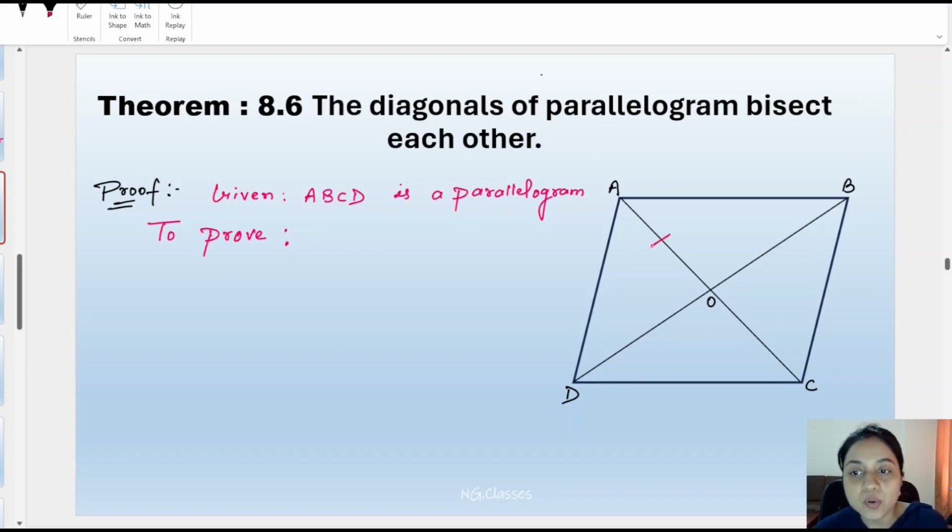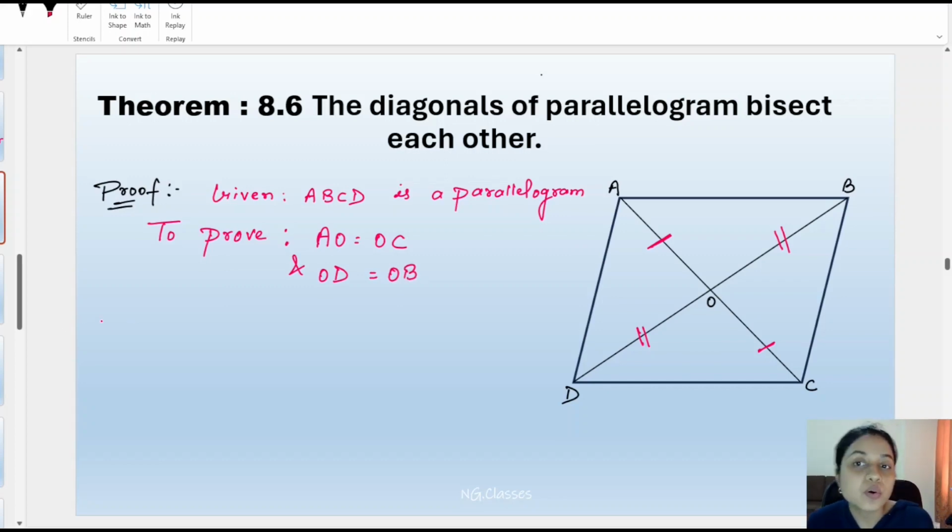That means AO must be equal to OC and OB must be equal to OD, right? So AO is equal to OC and OD is equal to OB. That's what we have to prove here.